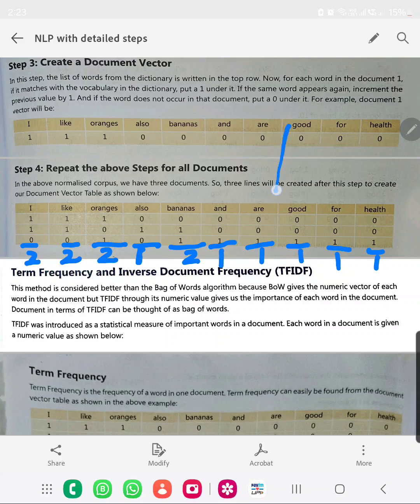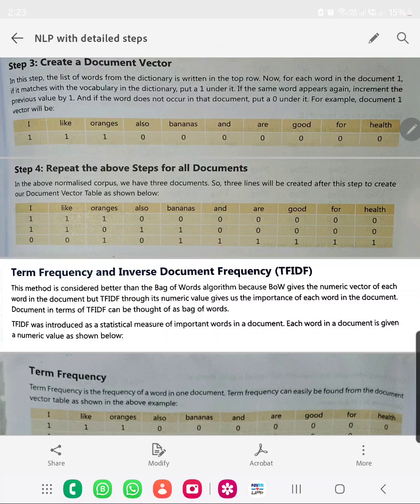We can also represent the bag of words in such a way that if oranges is used twice, oranges could be written bigger in the bag of words, and the word which is used less, for example, and, is shown in a smaller font. So we can represent which word has a greater frequency and which word has a smaller frequency.